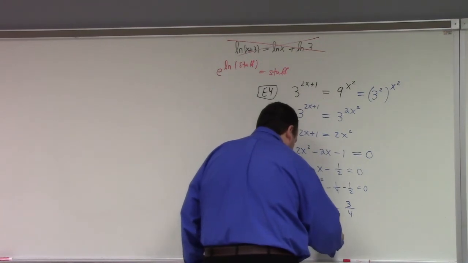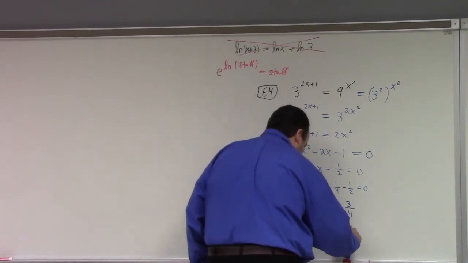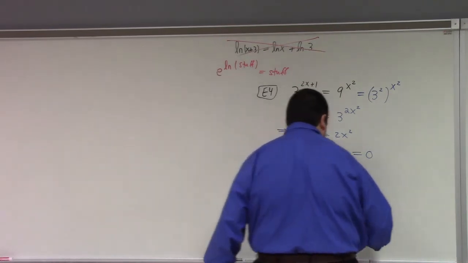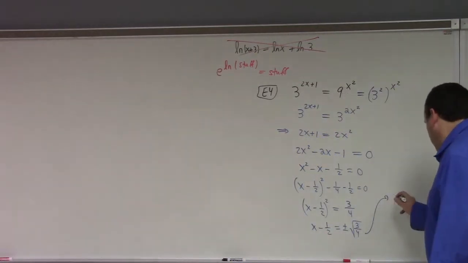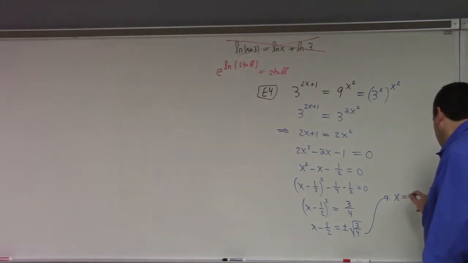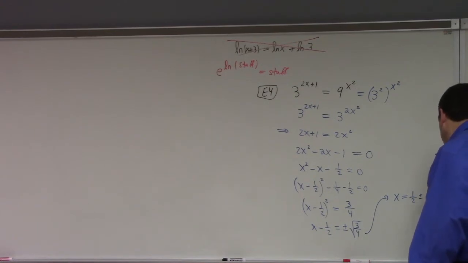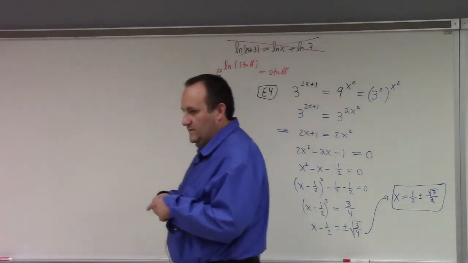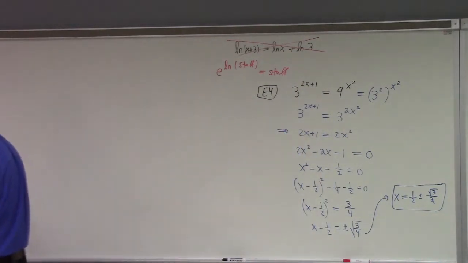I get x minus 1/2 equals to plus or minus the square root of 3/4, which then finally gives me the solution of x is equal to 1/2 plus or minus the square root of 3/2. Which of course is also what you would have obtained from applying the quadratic formula if you wanted to.